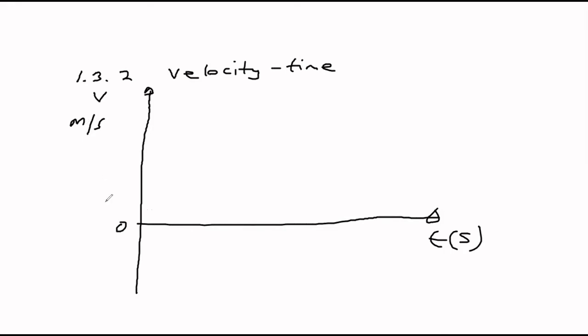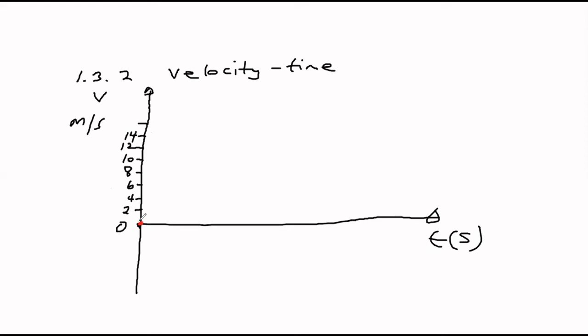Okay, what is the biggest velocity? Of course, it is 14 that we calculated in 1.1. So we can also take a scale of 2, 4, 6, 8, 10, 12, 14, 16. It's always good to use graph paper.